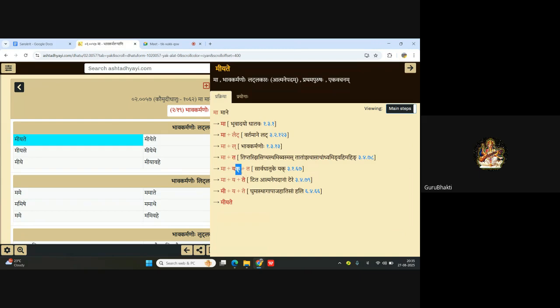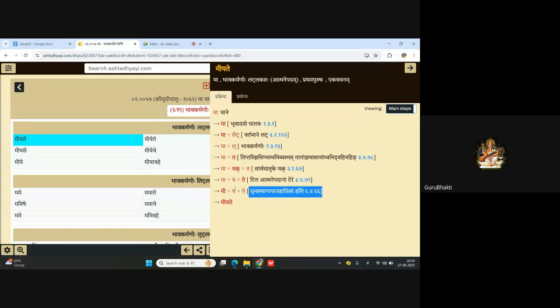This is a kakara. The kakara gets its sangya by which sutra? Halantyam, right? Tasya lopah. So here the kakara is getting its sangya. That's why these pratyayas are called kit pratyaya. Since it is a kit pratyaya, we apply this sutra ghu ma stha ga pa jahati sa mhali.